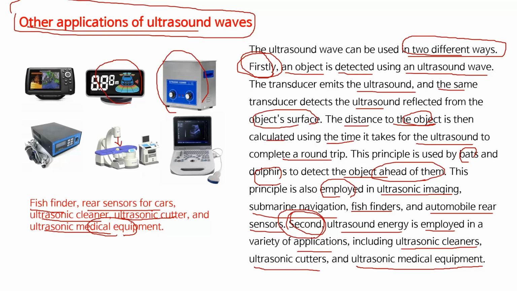So this equipment is used to break the stones in the human body, and then using the ultrasonic energy, the stones are shattered into very small particles, and those particles can be expelled from our body via the urinary system.